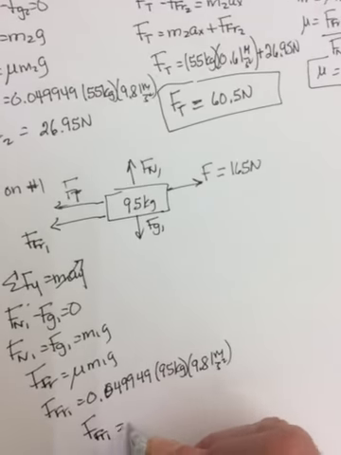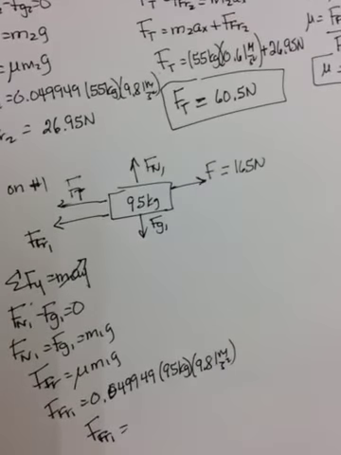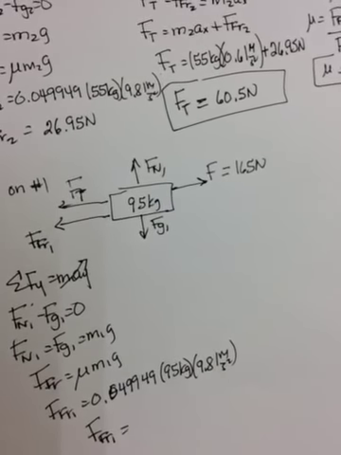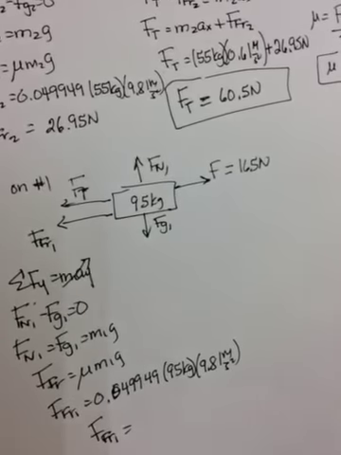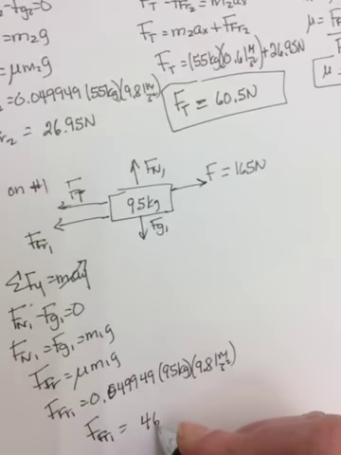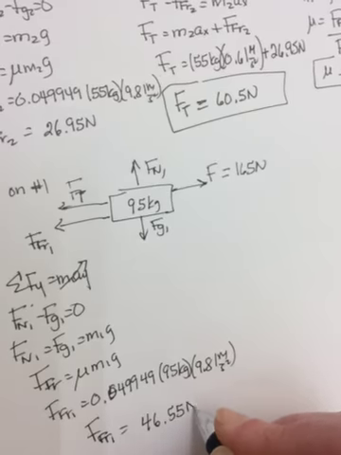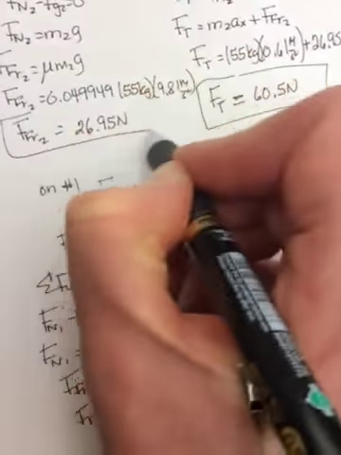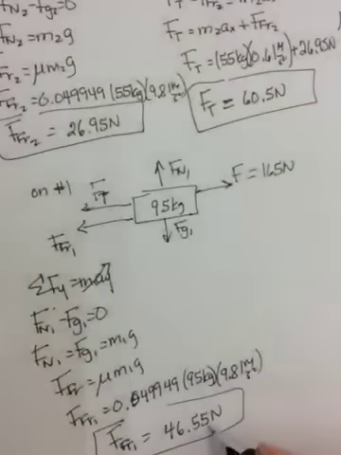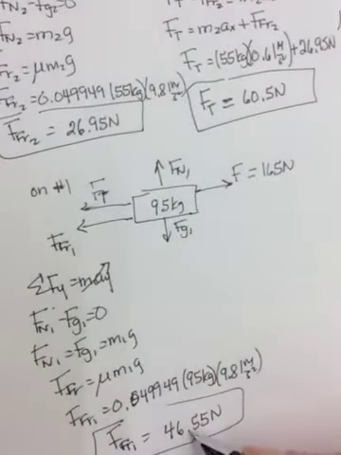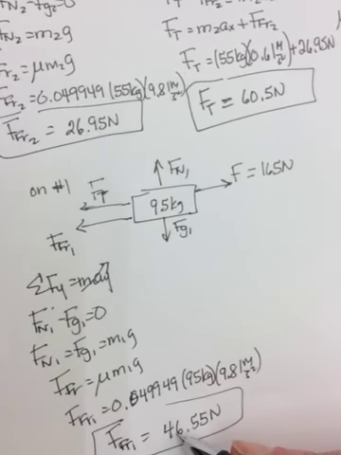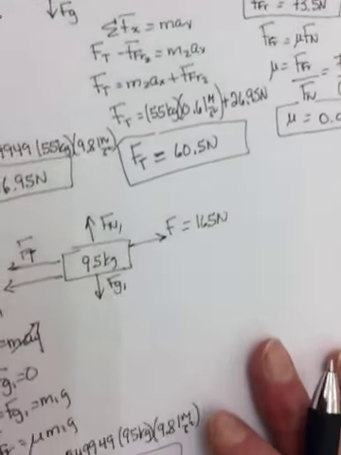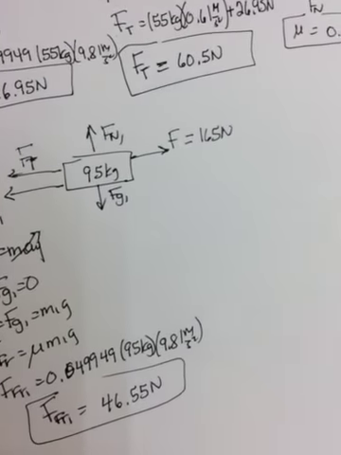Friction on number 1, 0.049949 times 95 times 9.81 is 46.55 newtons. Now, just before we go any further, we can check this because we had friction on 2 was 26.95, so that's 27, 46.55 plus 26.95 is 73.50. Lo and behold, that's what the friction on the total system was. So we know we haven't screwed up yet.